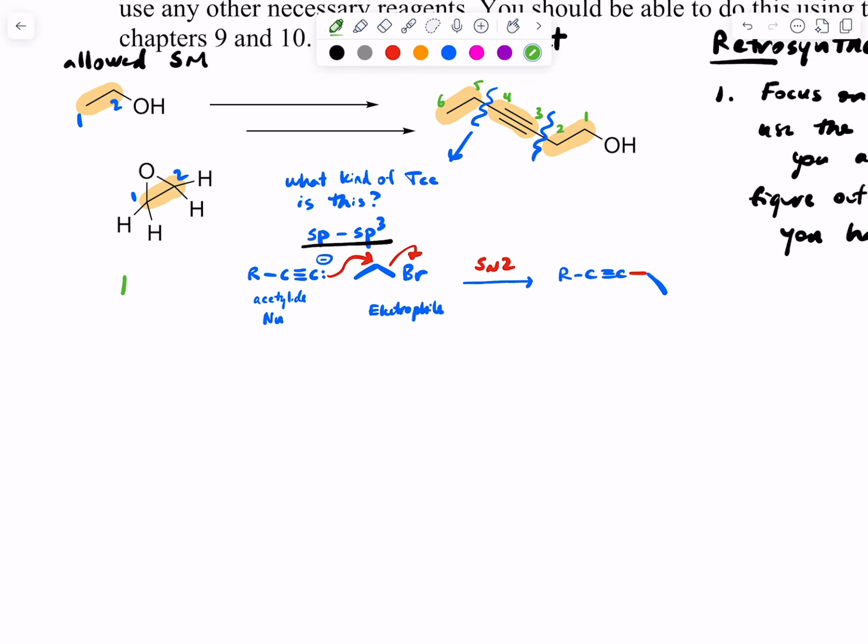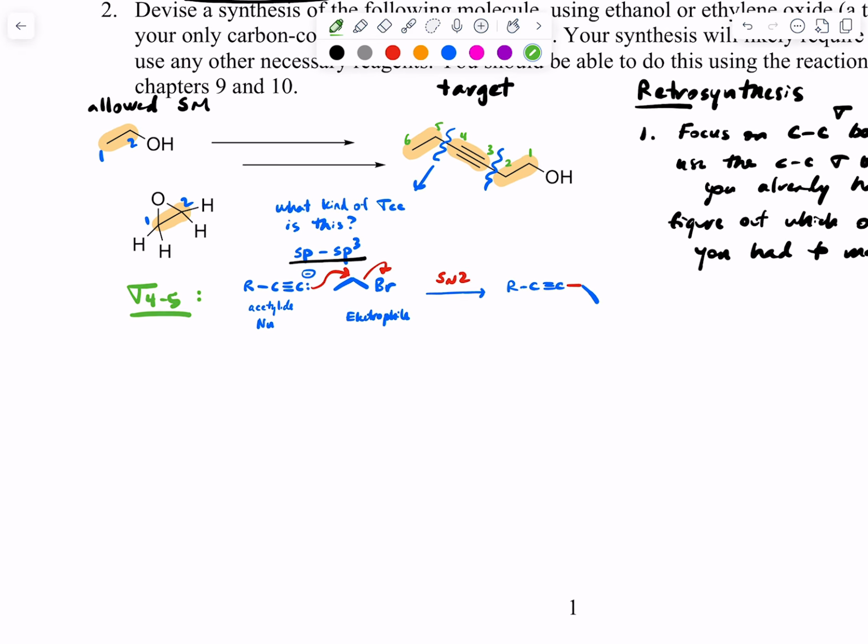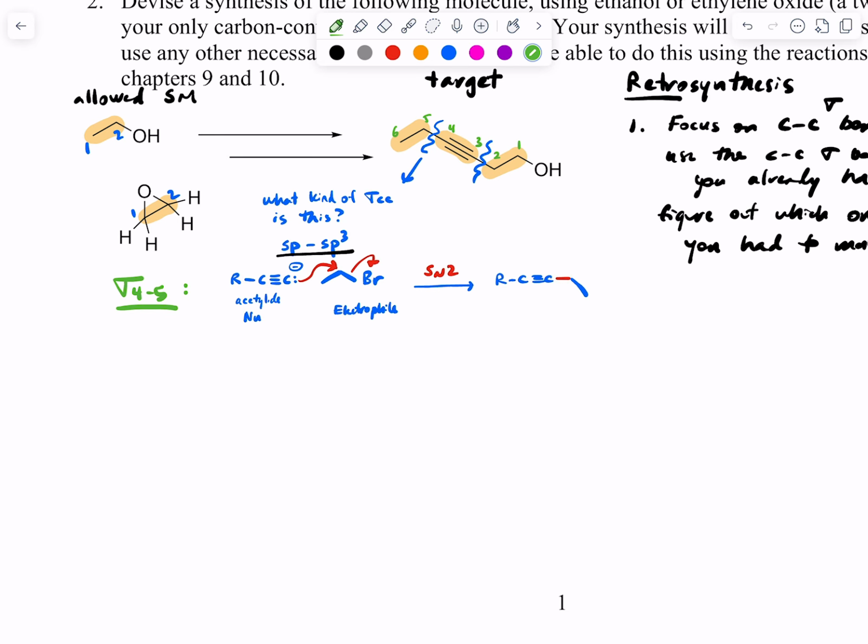So I propose that this is a good strategy for making the carbon-carbon bond between carbons 4 and 5. Now we haven't totally worked it out yet, but this is the planning stage. This is the spiritual creation of our synthesis. We're not worried about it making sense from start to end. What we want to know is, is this an actual reaction we've done before? Is it a sound strategy?